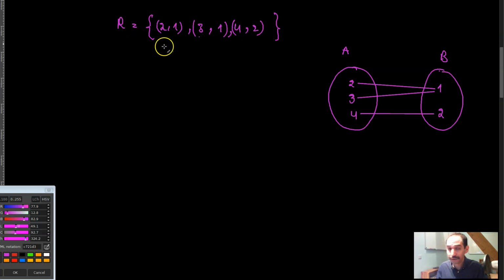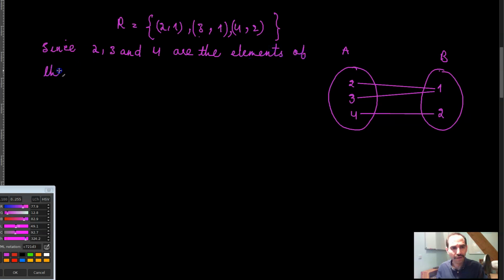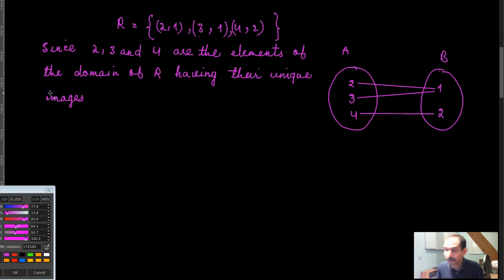But for now, let's say that since 2, 3, and 4 are the elements of the domain of R, having their unique images, this relation is a function.